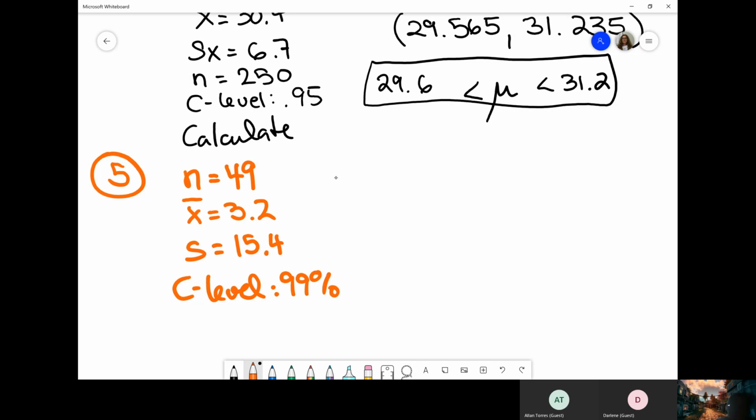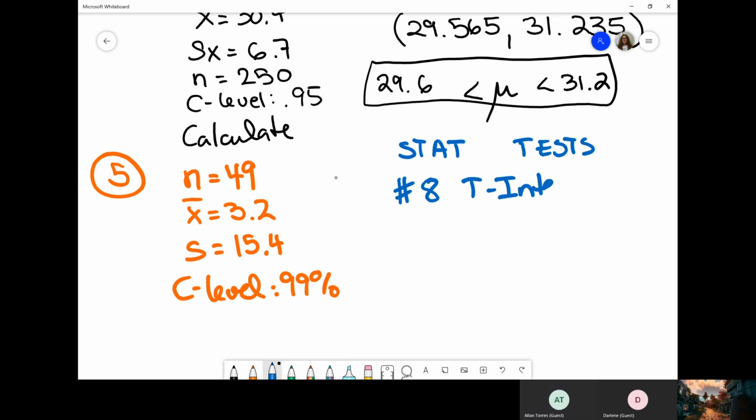So strictly calculator: go to stat, move over to tests, and then pick number 8 for T interval. We're using number 8 because the sample standard deviation is given.